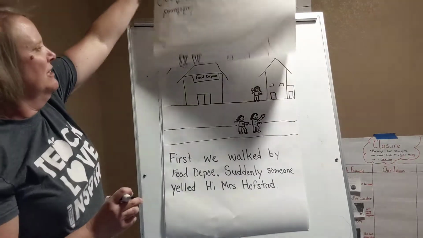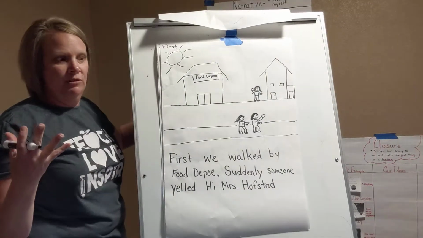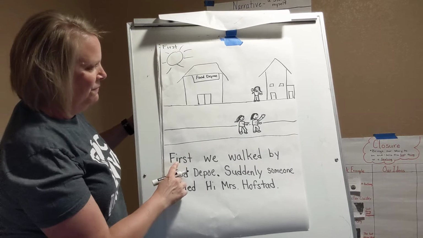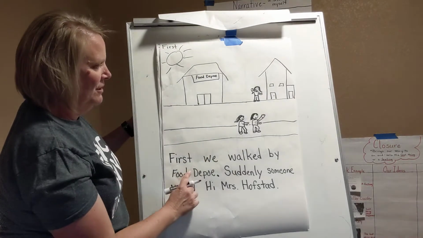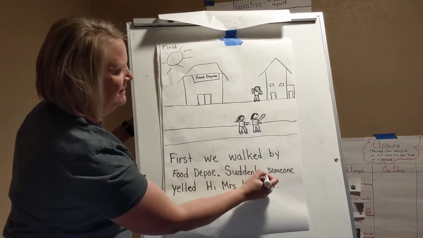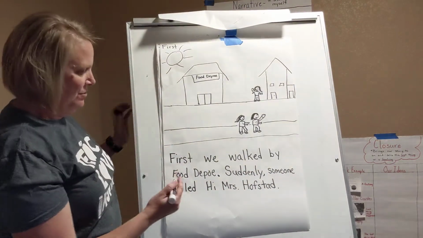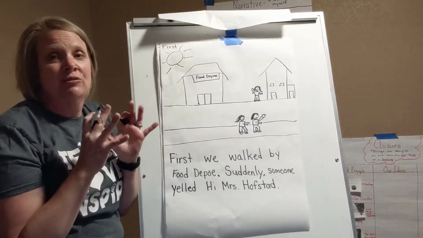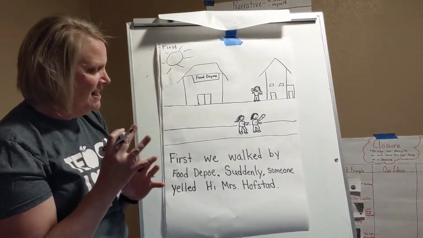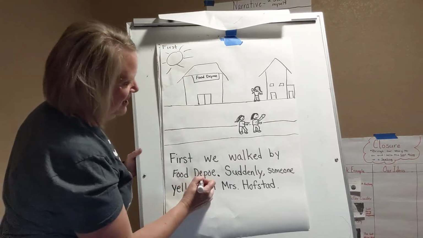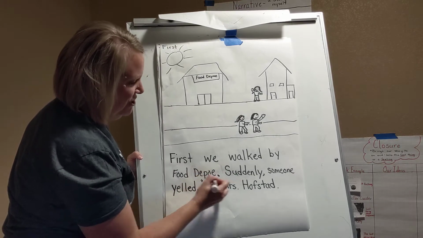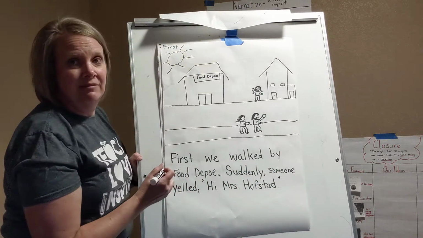But I was thinking over here when we said bold words, first, we walked by Food Depot. Suddenly, someone yelled. And I think I'm going to make that bold because Natalia, she yelled really loud, Mrs. Hofstad! And it just really got my attention. So I think I'm going to put quotations because someone yelled it.